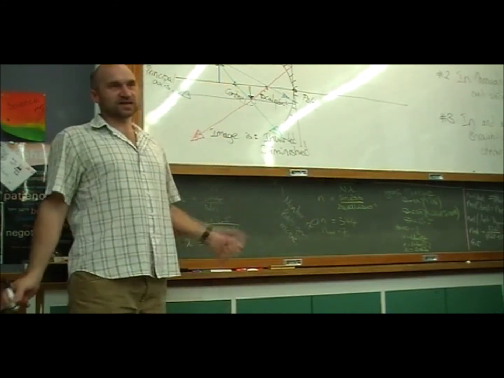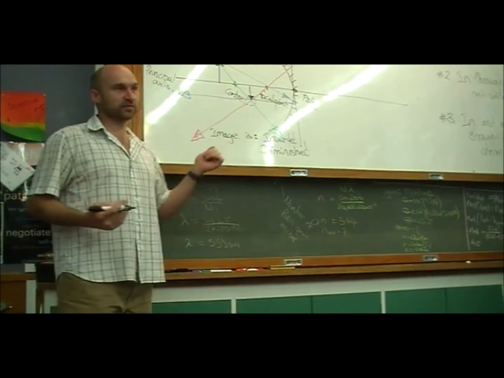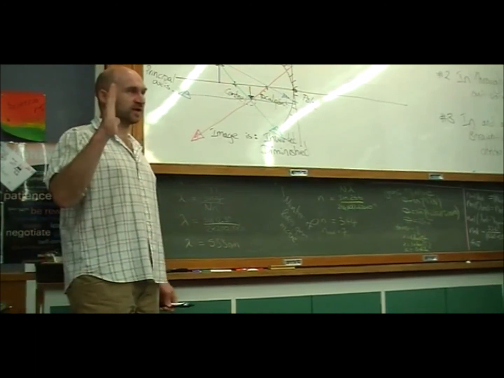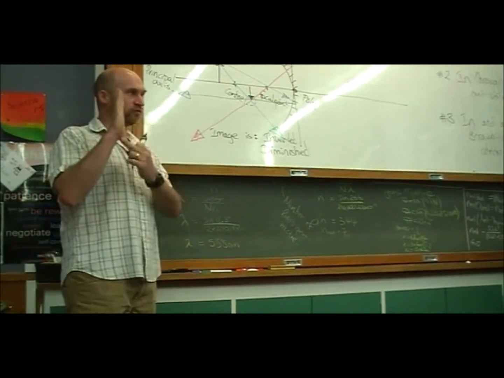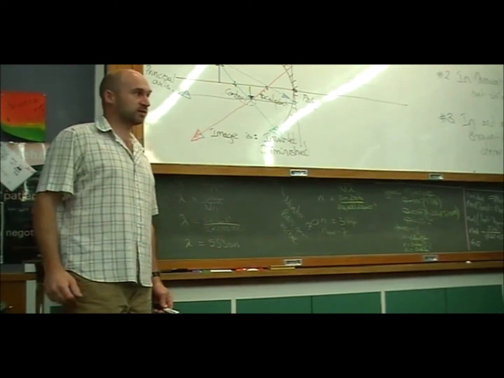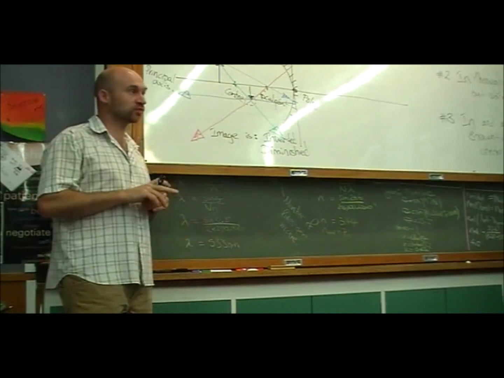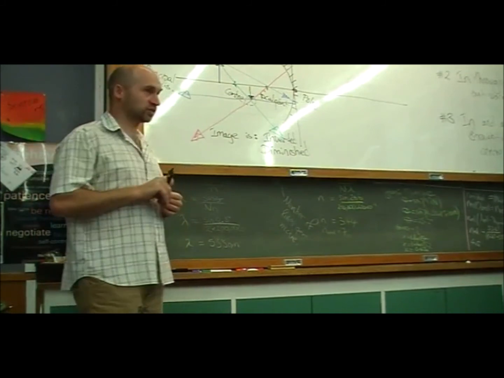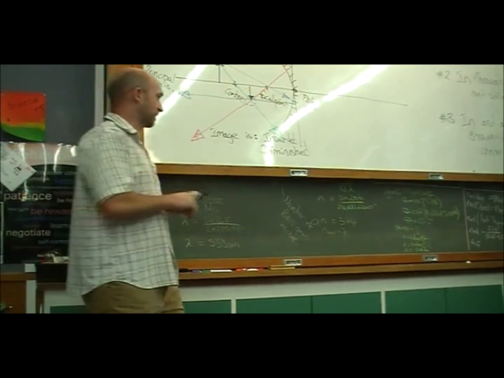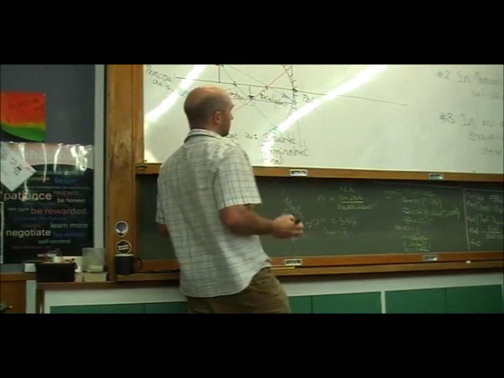And the third thing is that it's a real image, and we will learn to see that from the diagram. A real image is one where you can put a piece of paper there and the image will form on that piece of paper, much like if we use the projector and pull down a screen, we can really see an image on the screen. That's a real image, you can really see it. There are other images where you can't put a piece of paper there and see it on the paper. So that one is a real image.